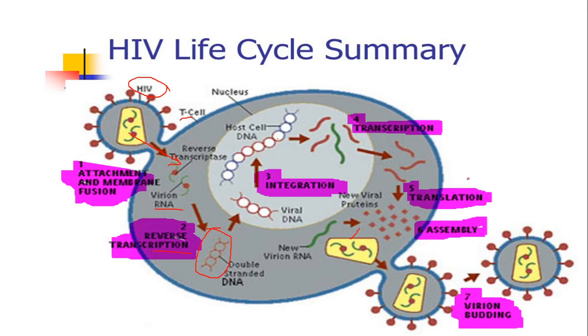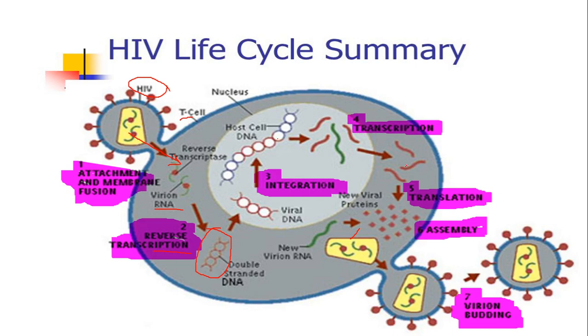If they continue with the macrophages and are not infecting T cells, then maybe the symptoms will be lesser. We will not see the symptoms. Of course, macrophages will be affected, but the symptoms will not be seen. But as soon as they start attacking the T cells, symptoms will be seen in that particular person.